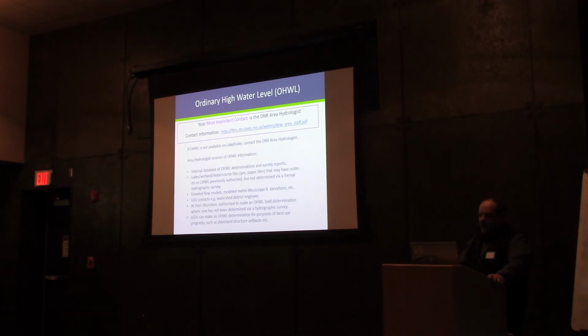We also have, and we intend to get this published on our website so that everybody can see it, the Metro Mississippi River elevations based on a model that we use as a proxy for OHW. And so if somebody says, hey, I'm doing this project in the city of Minneapolis, putting in a new outfall, here's the lowest elevation I'm going to impact, do I need a permit for that? We can look at that information and determine yes or no.